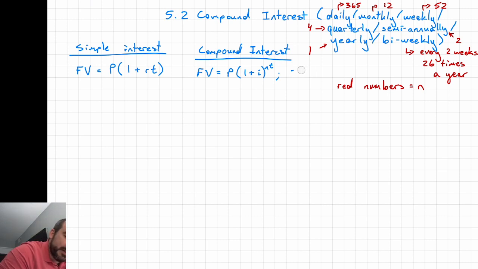I don't want to do that. Erase. Never mind. We're just going to put the R over N in here, because if you ever Google compound interest, you'll find it like this. And the I is a little confusing. I don't know if the video used I or not, but let's not use the little I.